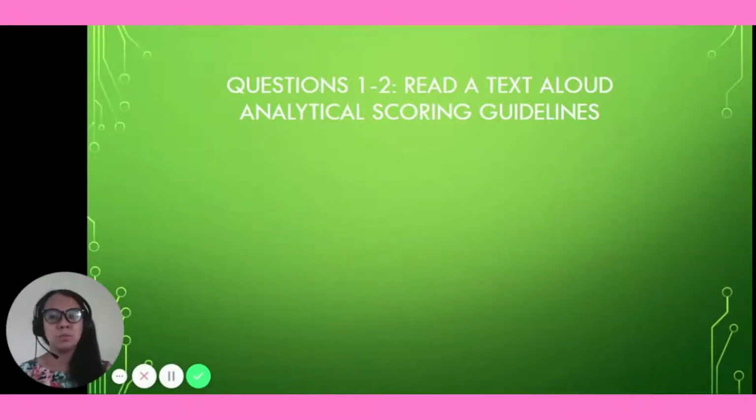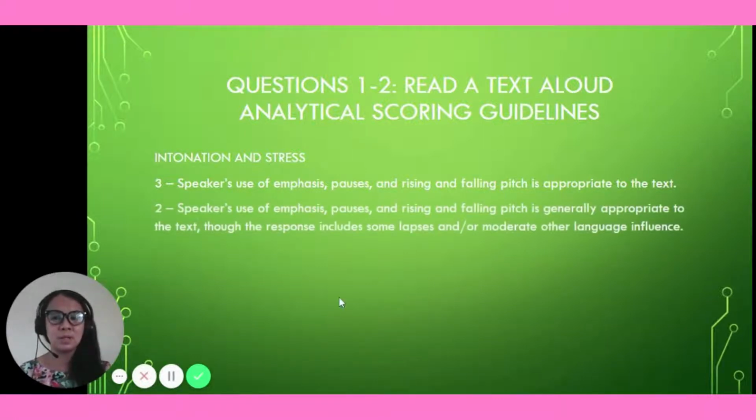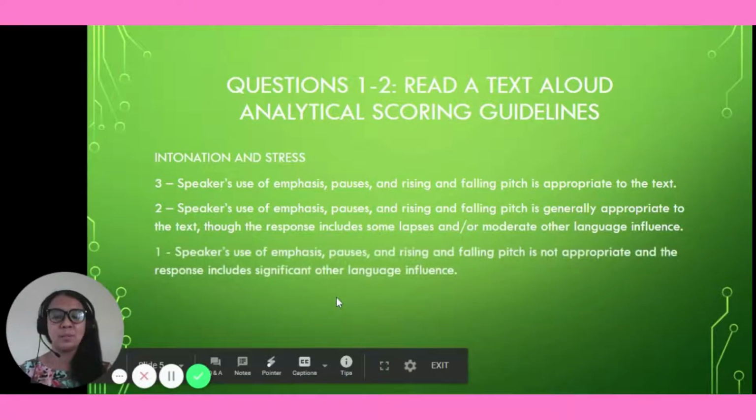In questions 1 and 2, you are also going to be scored on your intonation and stress. And the analytical scoring guidelines are this. 3. Speaker's use of emphases, pauses, and rising and falling pitch is appropriate to the text. 2. The speaker's use of emphases, pauses, and rising and falling pitch is generally appropriate to the text, though the response includes some lapses and/or moderate other language influence. 1.